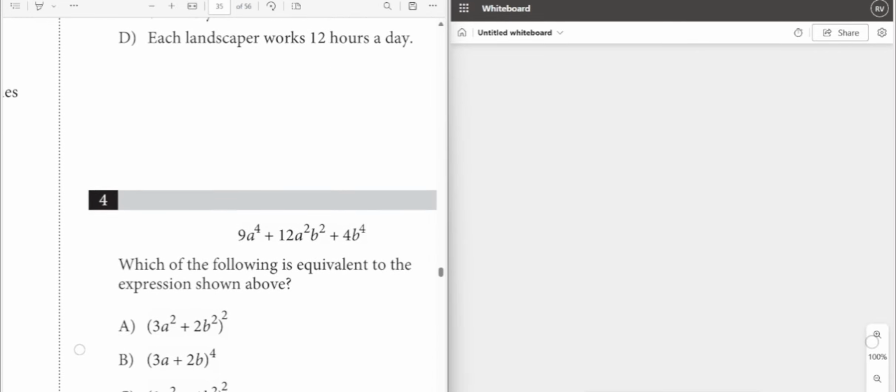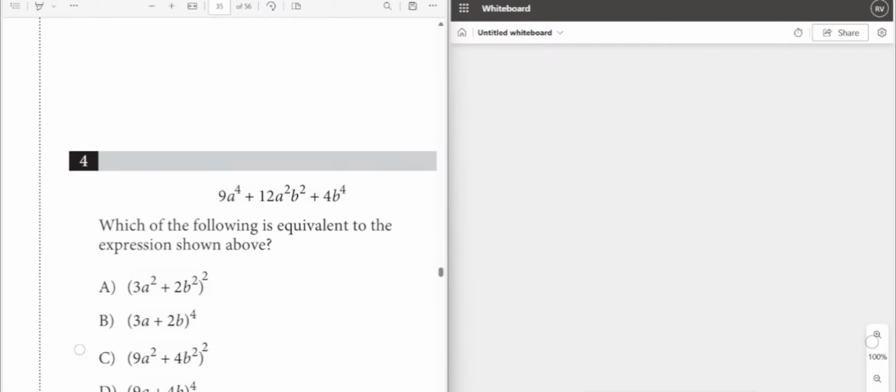Let's go. Number 4, this is another kind of hard one, but you just gotta have it. I'm looking at this, and it's kind of like a squared plus the a plus b whole square kind of thing, if you know what I'm talking about. Because a plus b whole square equals a squared plus 2ab plus b squared, and you see this a to the fourth and b to the fourth at the end of the equation.